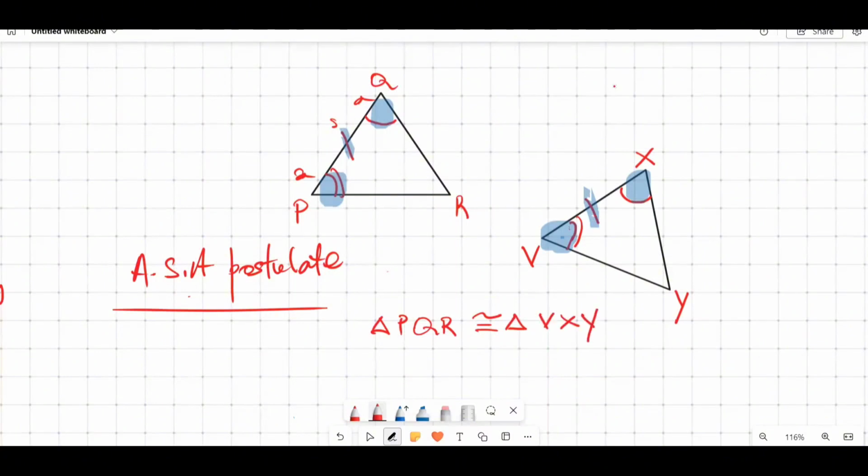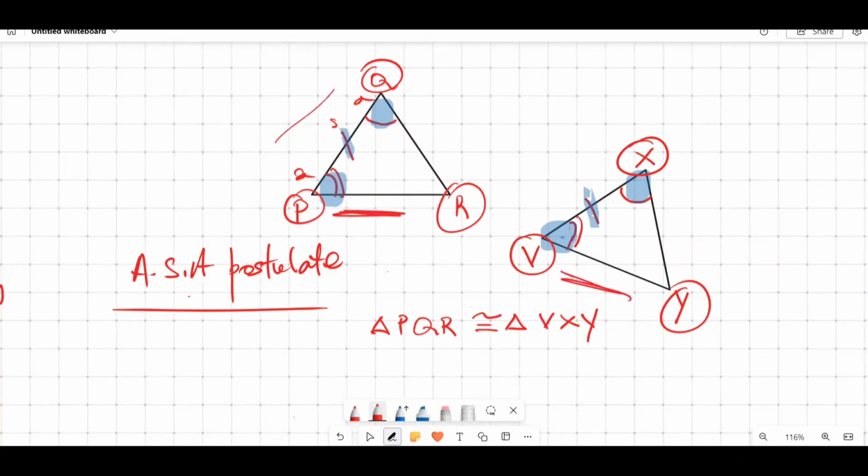Please note again the corresponding parts of each. P corresponds with V, Q corresponds with X, and R corresponds with Y. In that breath, you can know that PR is the same as VY and PQ is the same as VX. We want to make note of those ideas.